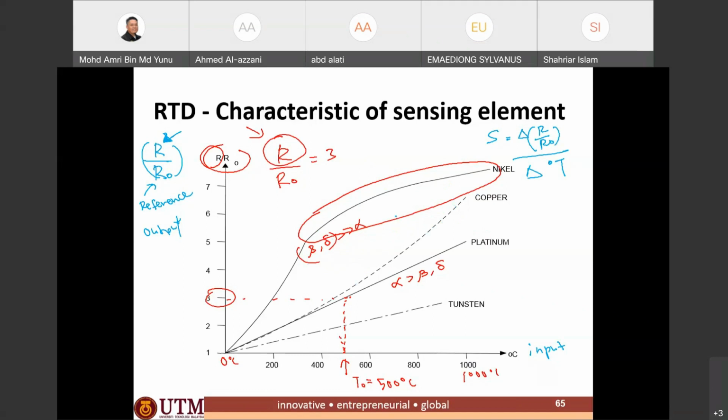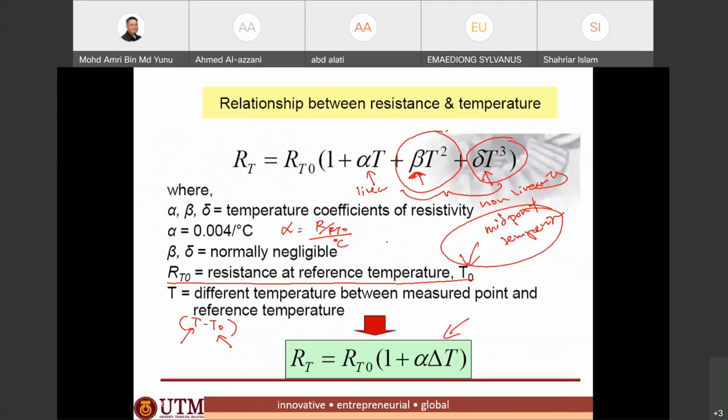So the relationship, the equation of the RTD, is given by this formula.